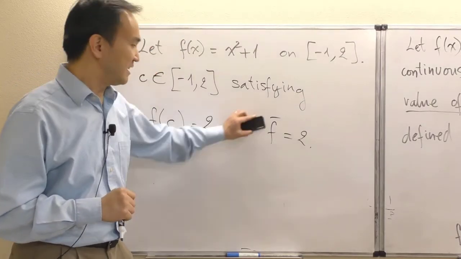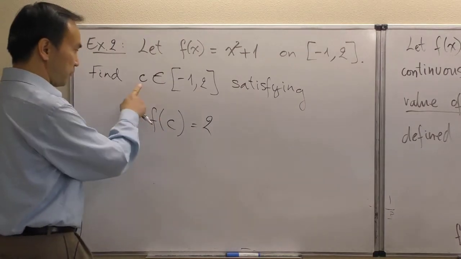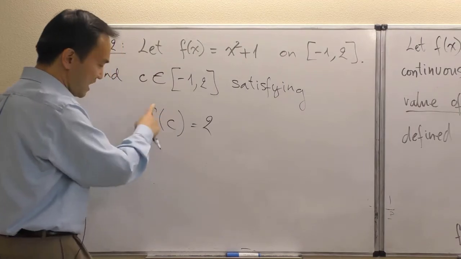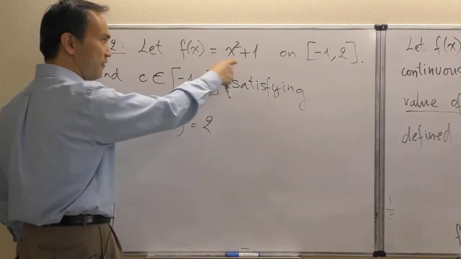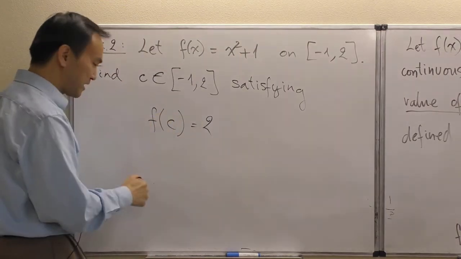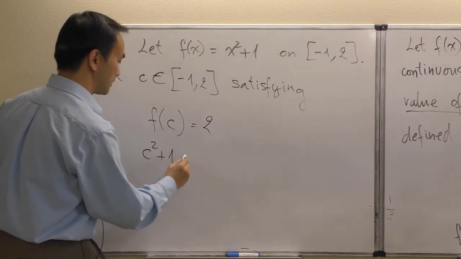We knew that from example 1. But now for any x equals c, f at c generally means what? Our function is f of x equals x squared plus 1. So f of c on the left hand side means we're looking at c squared plus 1 equals 2.